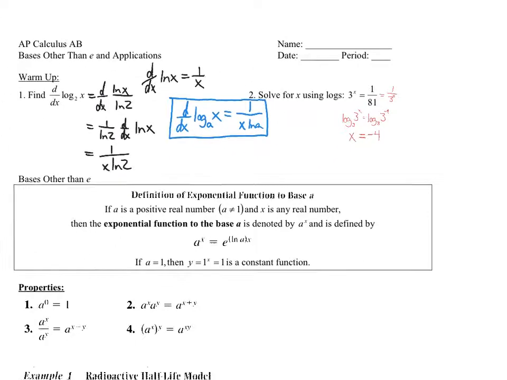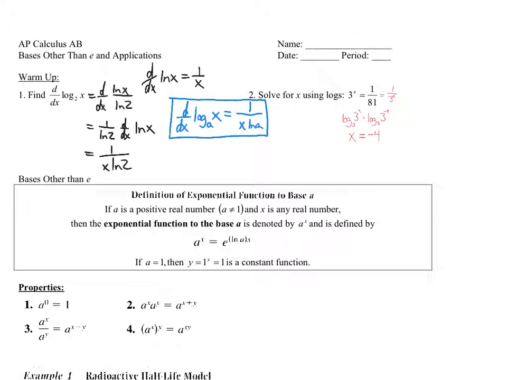So now let's look at the definition of an exponential function to base a. All right, now a couple of things here. Instead of e to a power, we're doing a to a power. Okay?